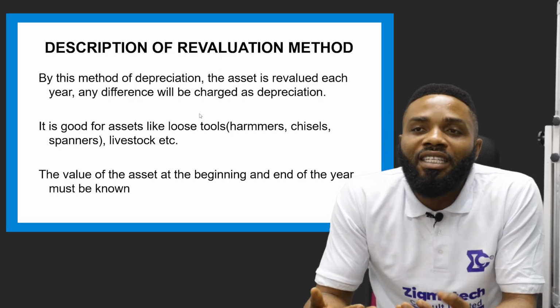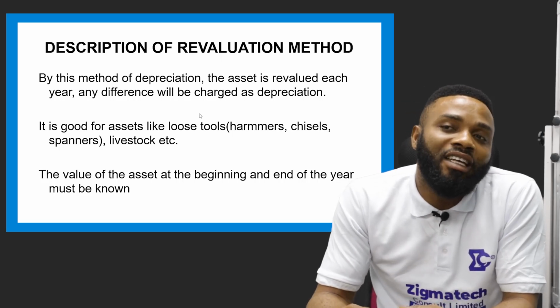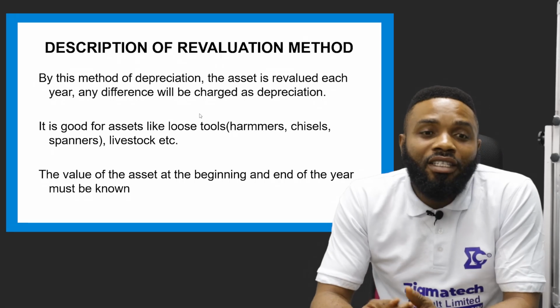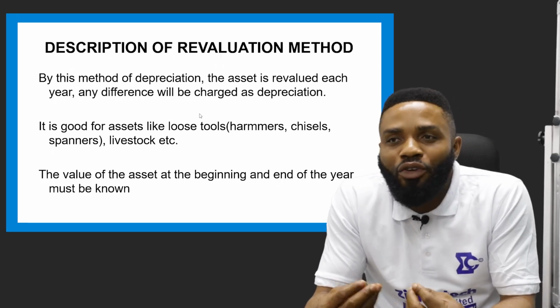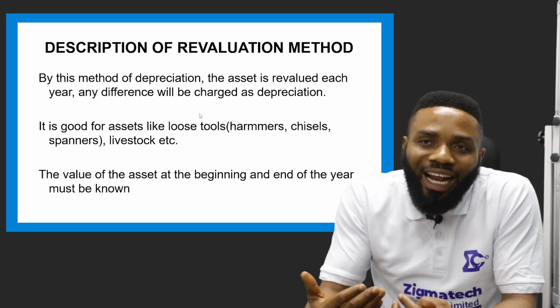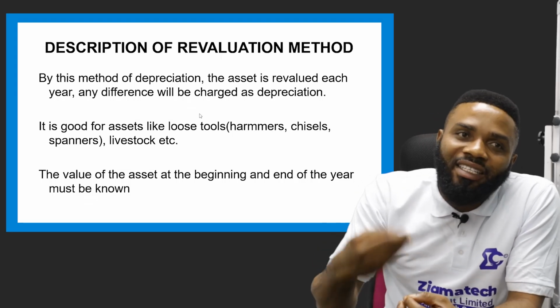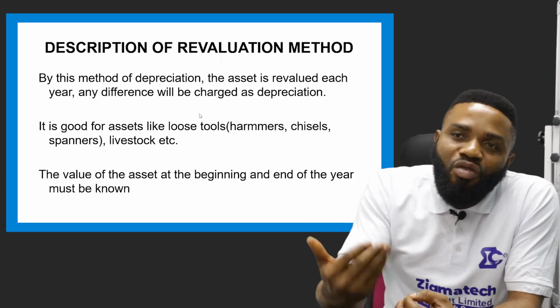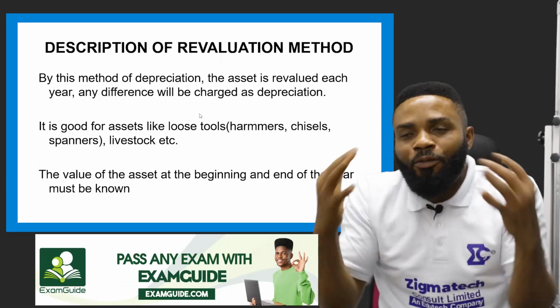There are assets that if you leave them, they look like they can stay for eternity, because these things are actually metallic in nature. They barely rust, or they barely depreciate. You cannot ascertain the physical deterioration. You can't ascertain the physical wearing away of the asset because of their nature, their texture, and their formation.